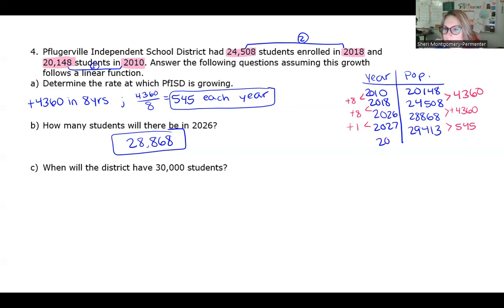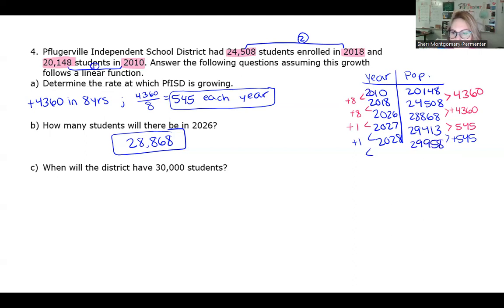So now I'm going to go to 2028, and I'm going to add another 545. That might be pretty close. In 2028, how much will I have? 29,958.